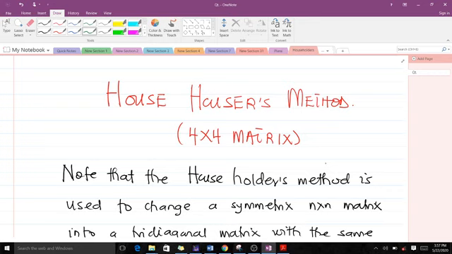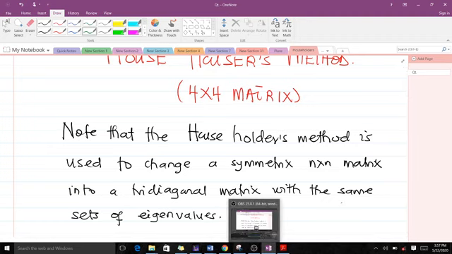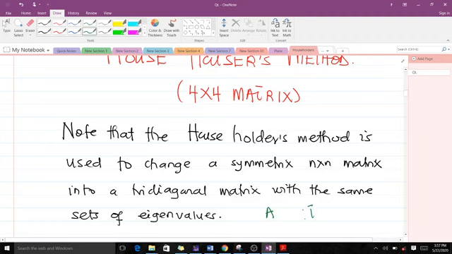So we said that the householders method is used to change a symmetric square matrix into a tridiagonal matrix with the same set of eigenvalues. That means that your original matrix A, if you convert it to that tridiagonal T, they should have the same set of eigenvalues.